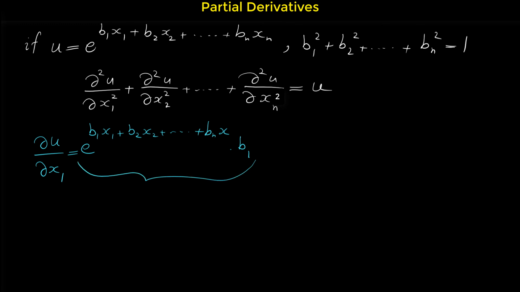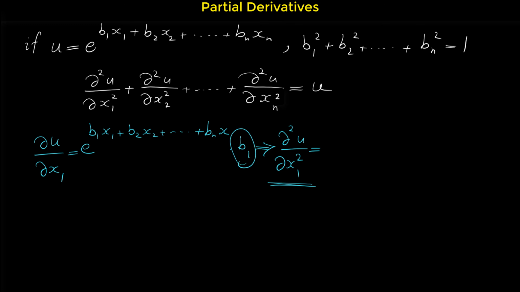Now if we take the derivative of this expression again with respect to x1, we can find the second derivative. b1 is a constant, so let's first write b1, and again we have to take the derivative of this expression. The derivative of e to the b1 x1 plus b2 x2 up to bn xn is again the same function.